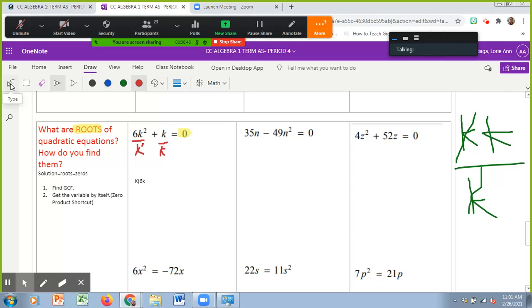Okay. Next. What about this? There's a plus after. So just put plus, right? Now, what's K divided by K? If you cancel that out, what's K divided by K? It's like 5 divided by 5. 3 divided by 3. What's the answer? K divided by K. 1. Perfect. So 1.